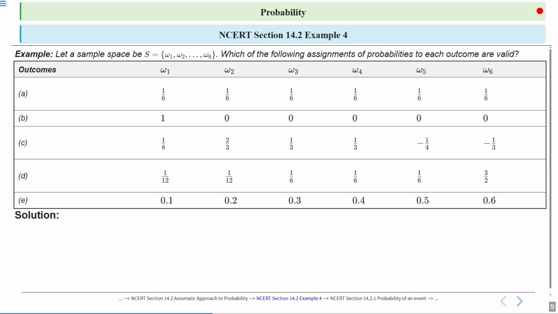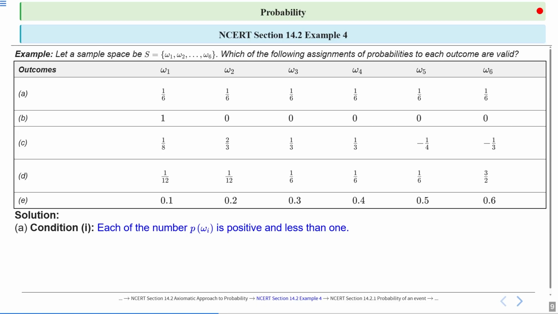So first check assignment A. In assignment A, we have given here 1 by 6. This number is assigned to omega 1, 1 by 6, and omega 1, omega 2, omega 3, omega 4, omega 5, and omega 6, all six outcomes are assigned 1 by 6.